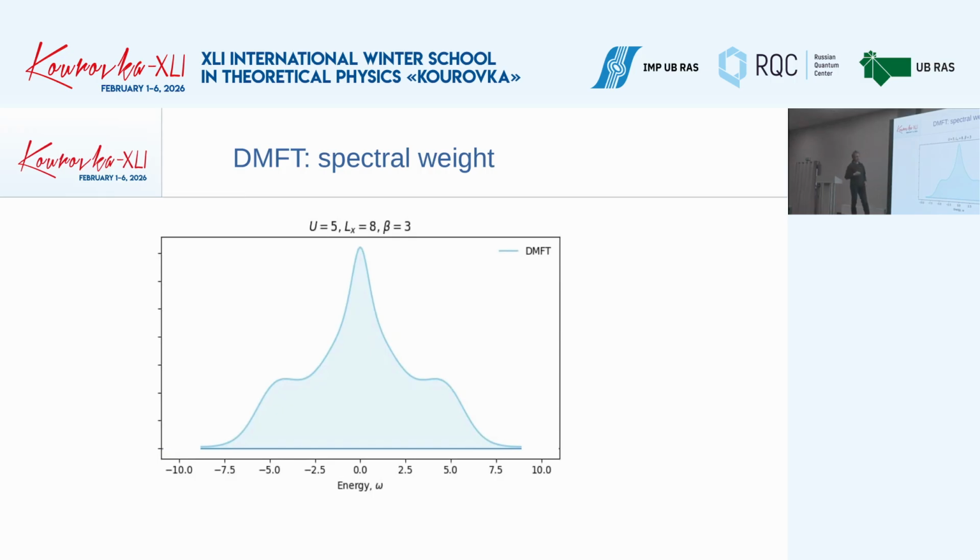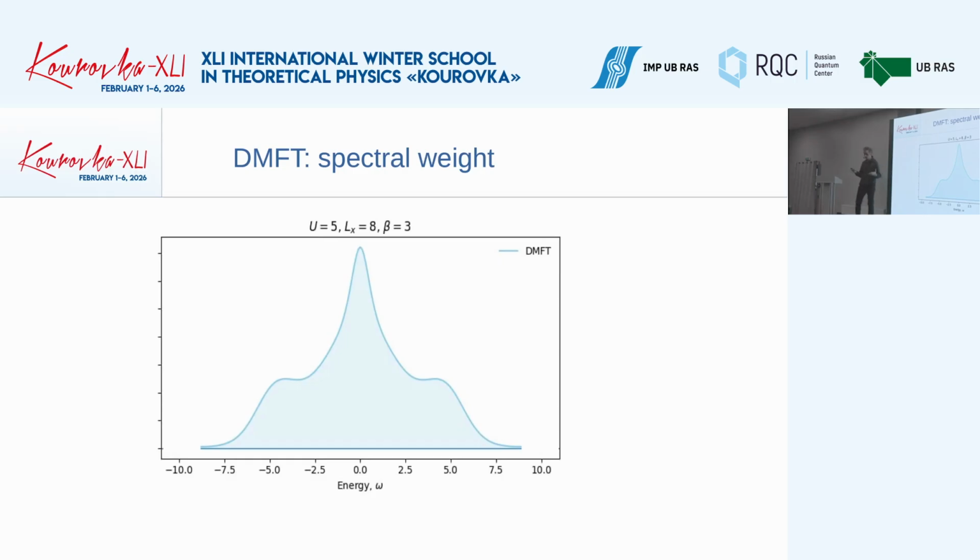The inverse temperature equals 3 here. So what it does, the spectral weight goes from the central part of the spectrum to so-called Hubbard bands. These things are formed. So this central peak, it exists.